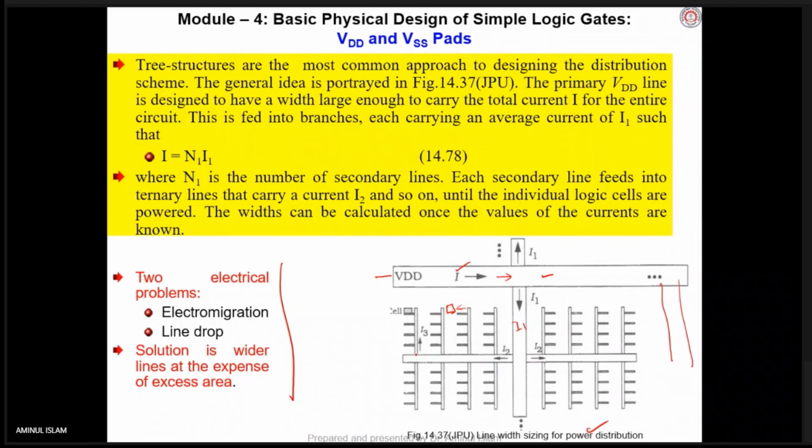And then I3, and finally it reaches the cell. Here, three levels of interconnects are shown, I mean, three different dimensions. It may be more or less, which we'll see in the diagram. Is it understood? Does the structure or diagram here give some insight? Did you understand anything?